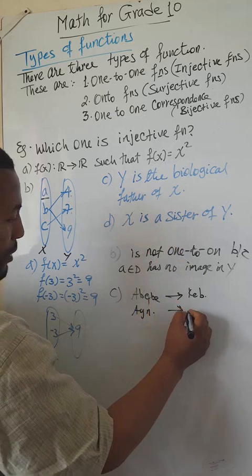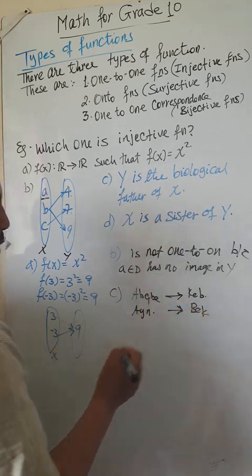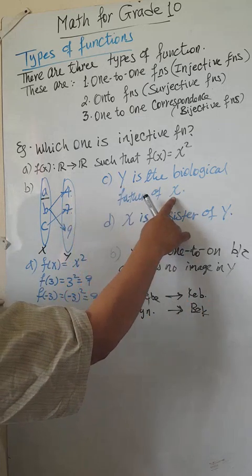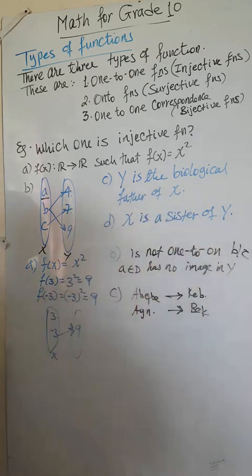So Y is the biological father of X, so each has a distinct image and it is a function.